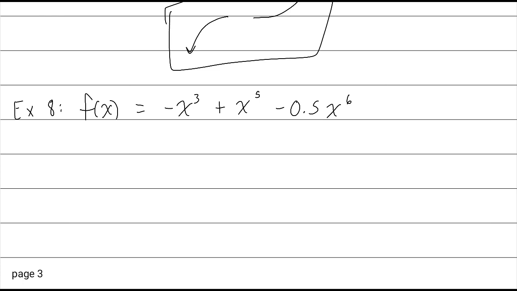Which means I'm going to focus on my leading coefficient first, negative 0.5. If the leading coefficient is negative, the right side will go down. Now, to determine the left side, look at the degree. It's even. So the left side's going to be even with the right side. It will also go down.